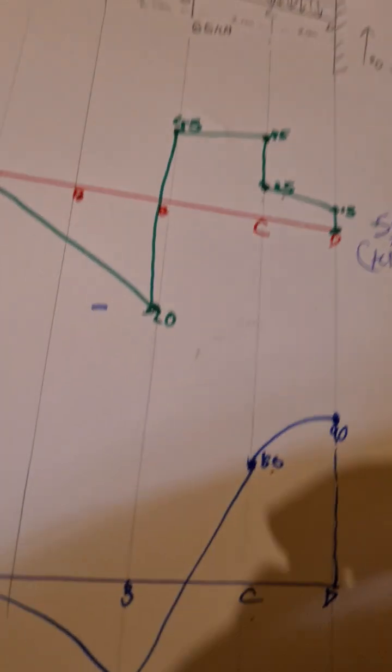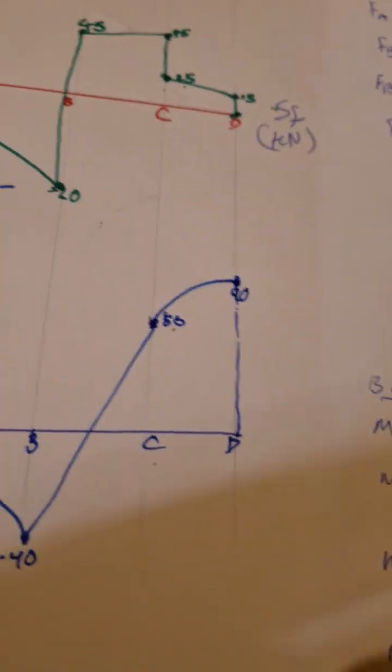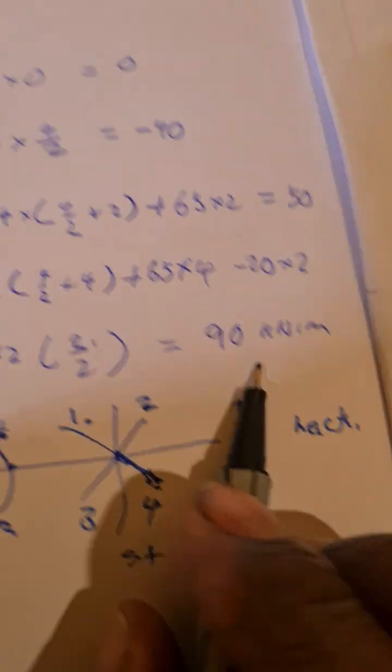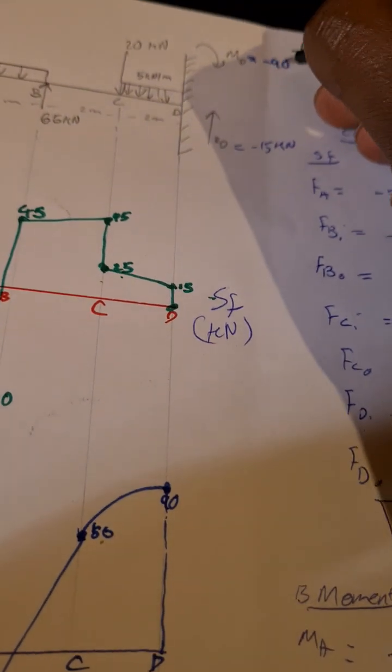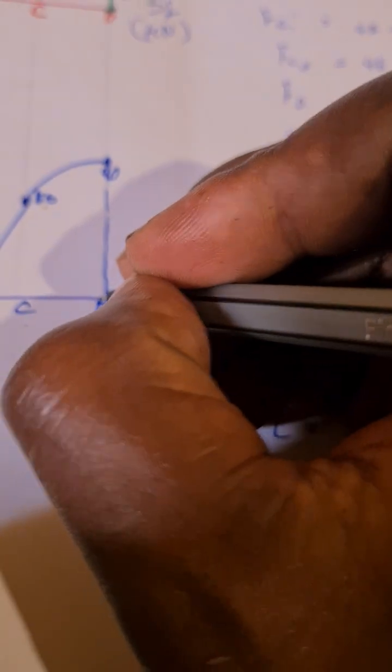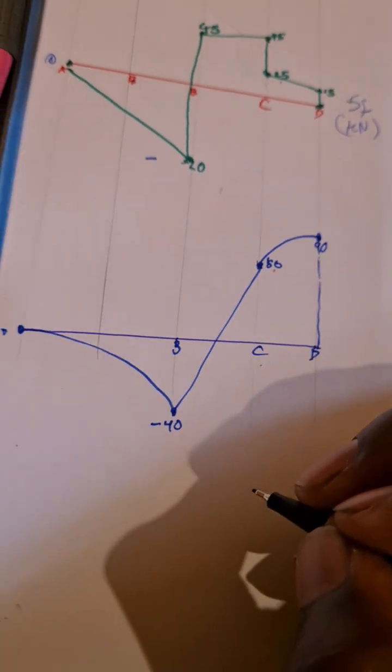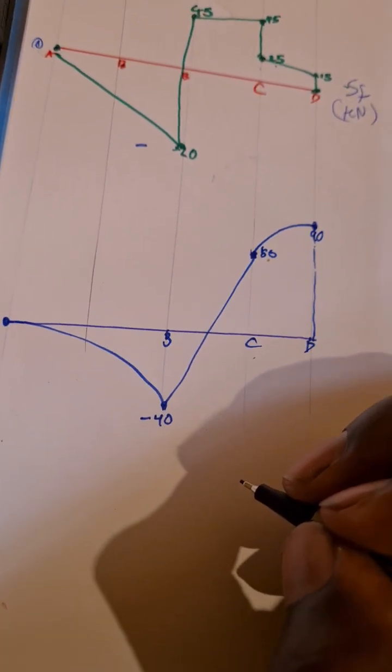Remember, if this one we calculated is 90, that means this one is minus 90 kilonewtons because it's the one that's gonna maintain the equilibrium. So we have something like this. This is your graph. This is our curve.